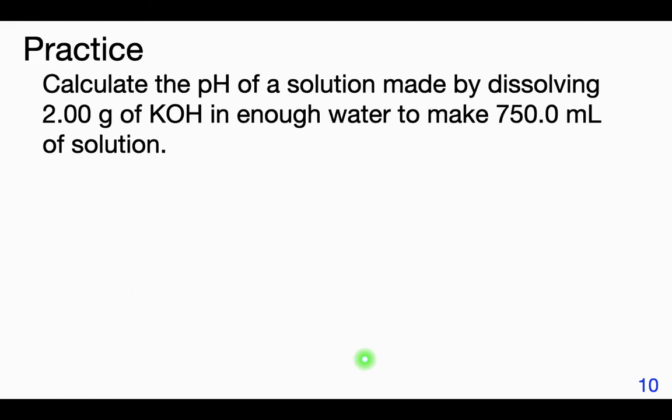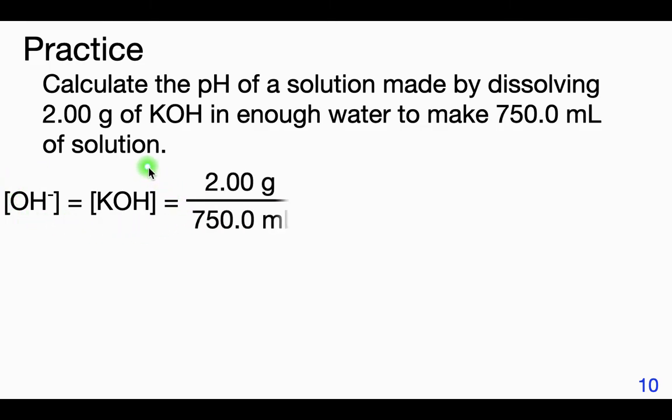Practice. Calculate the pH of a solution made by dissolving 2 grams of potassium hydroxide in enough water to make 750 milliliters of solution. So just like with the strong acids, we will calculate the concentration of the base, the potassium hydroxide, which will be exactly the same as the concentration of the hydroxide ion.